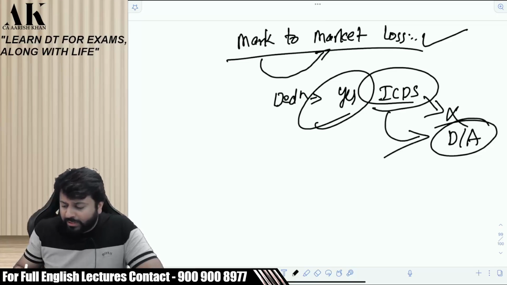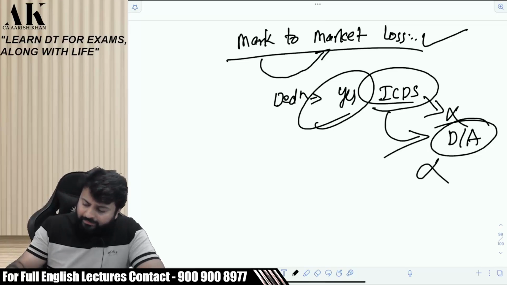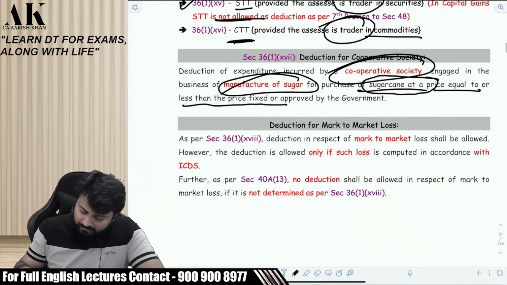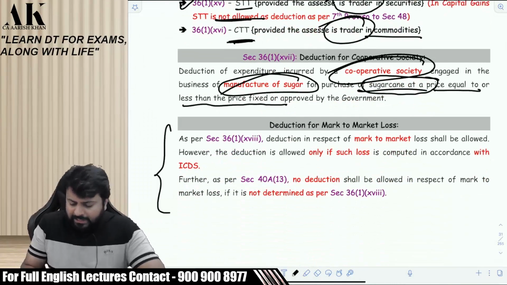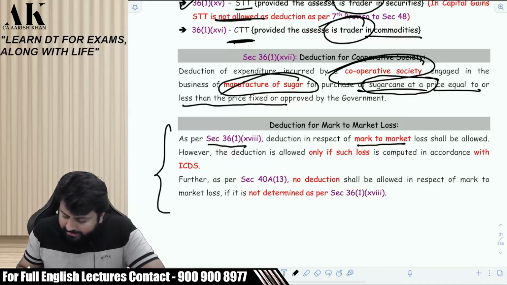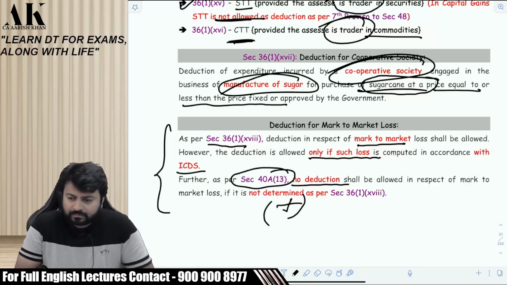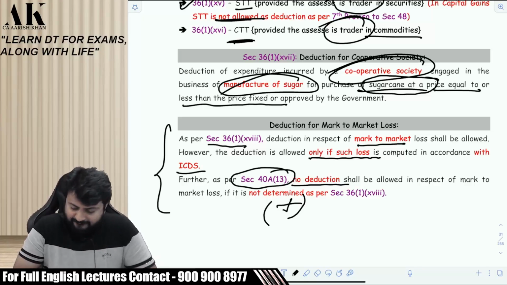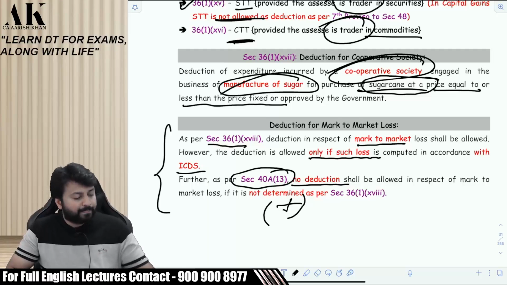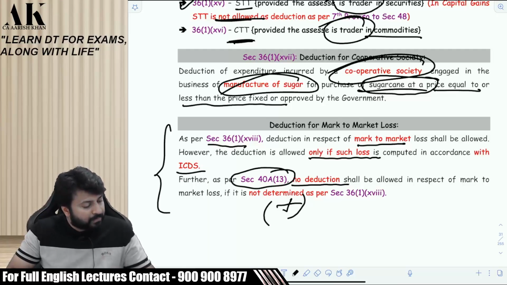You can check here: as per 36(1)(18), mark to market loss shall be allowed only if such loss is computed in accordance with ICDS. If it is not as per ICDS, then as per 40(a)(13), it is disallowed under the income tax law. It will not be allowed as deduction. Is it clear?